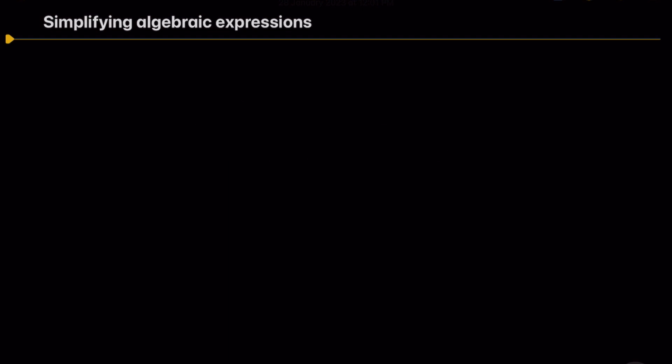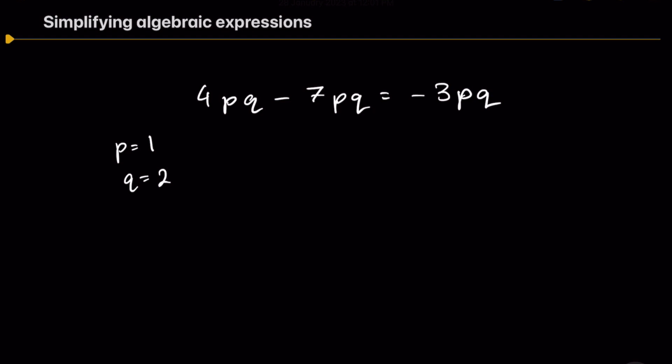A way to check your simplification is by substituting numbers. For example, 4pq minus 7pq. This will become minus 3pq. Let's say p is equal to 1 and q is equal to 2. So it will be 4 into 1 into 2 minus 7 into 1 into 2.